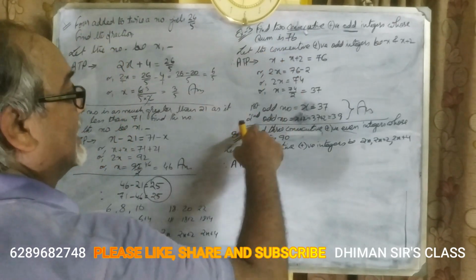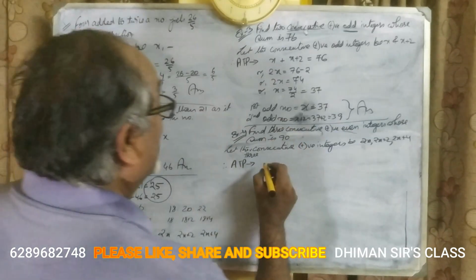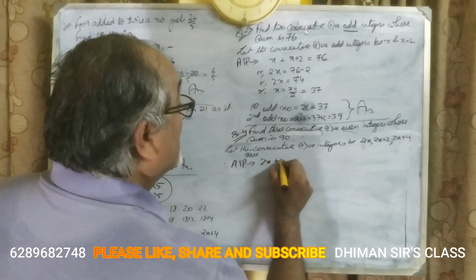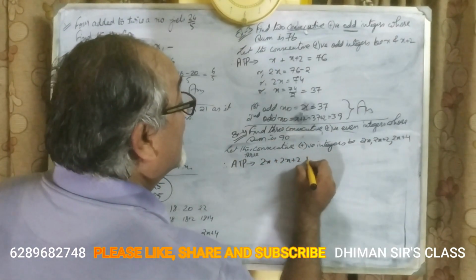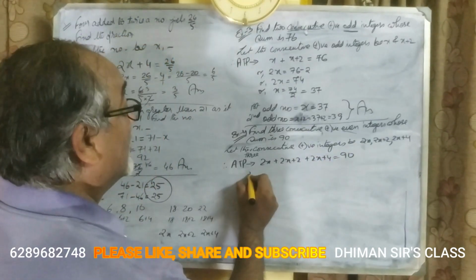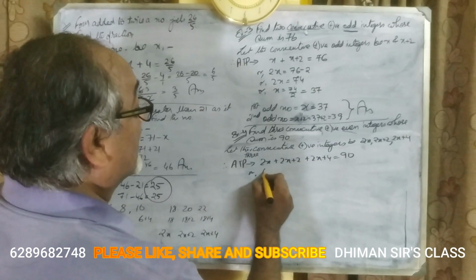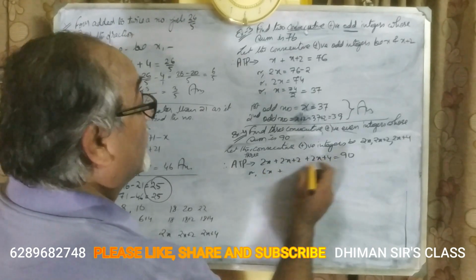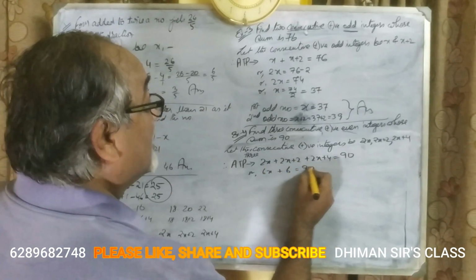Therefore, their sum is 90. So, 2x plus 2x plus 2 plus 2x plus 4 is equal to 90. 2x plus 2x plus 2x, 6x plus 2 plus 4, 6, is equal to 90.